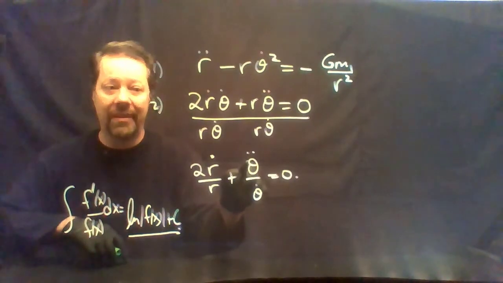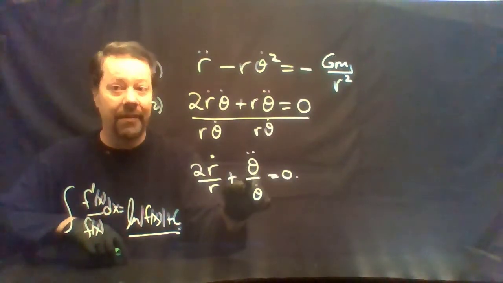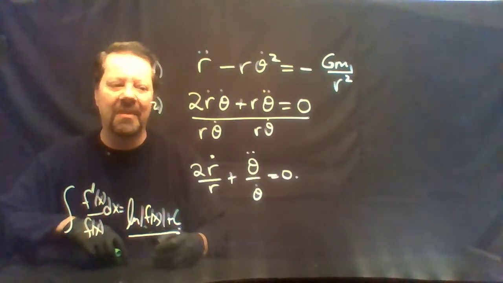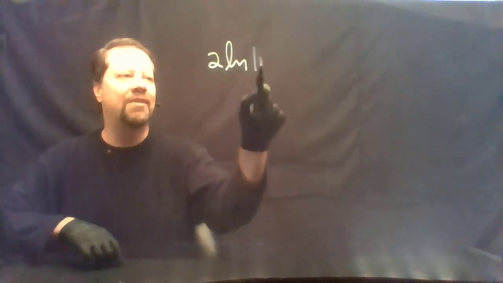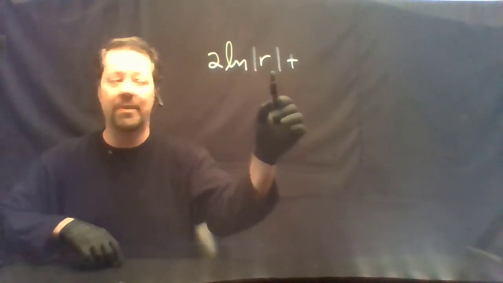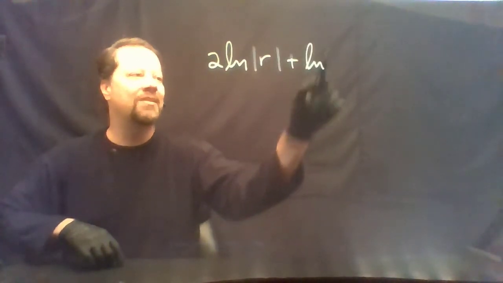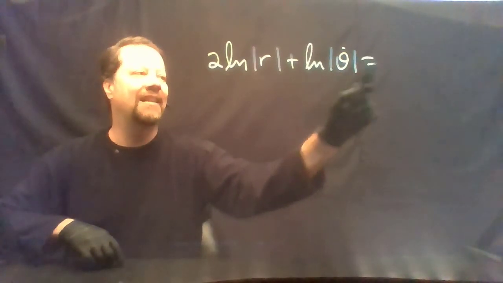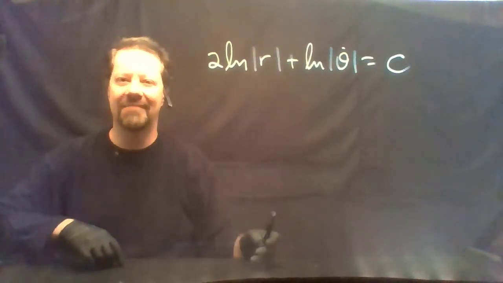The second order derivative of theta is the derivative of the first order derivative. Integrating, we get 2 log absolute value of r. We'll assume r is positive, so the absolute values are superfluous. Plus the log of theta dot equals some constant of integration.